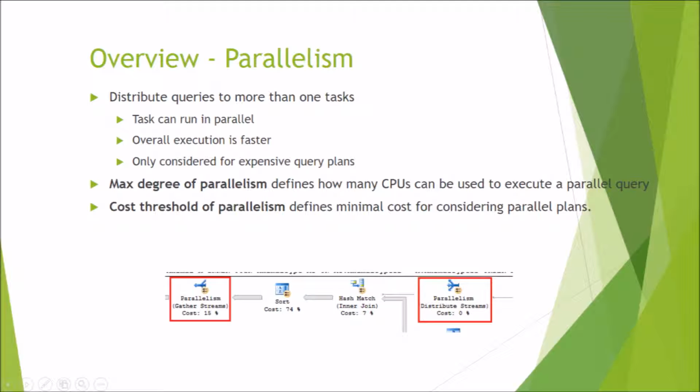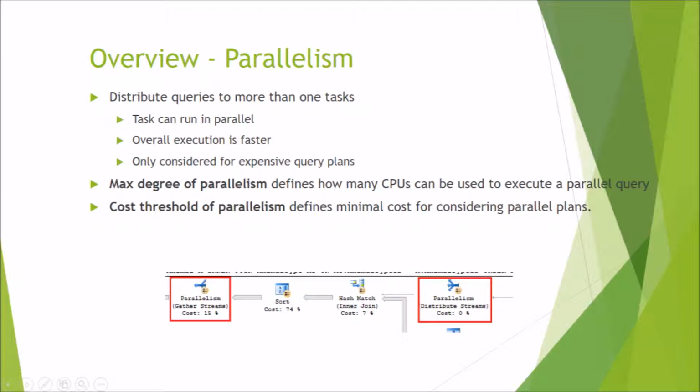Now, parallel execution plans are only considered on very expensive queries, and the query optimizer decides whether a plan should be used based on two different aspects: the max DOP setting and the cost threshold for parallelism. So what is max DOP?